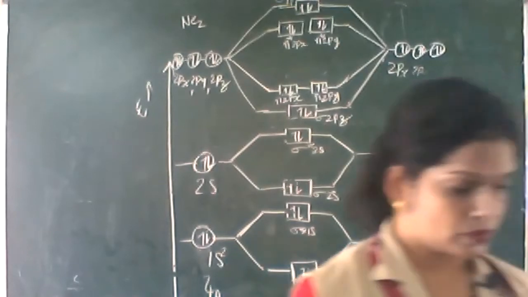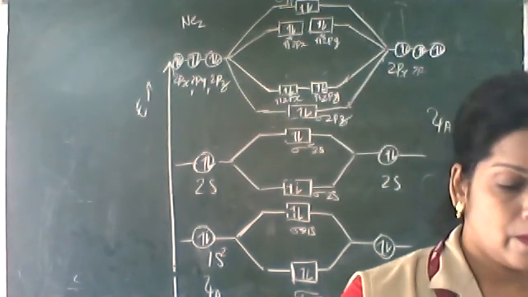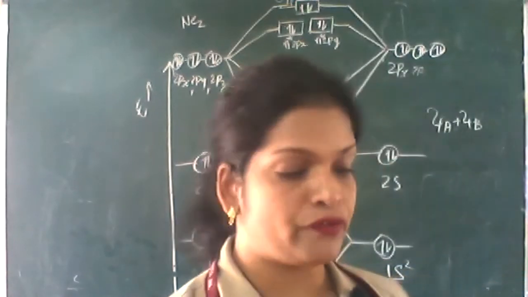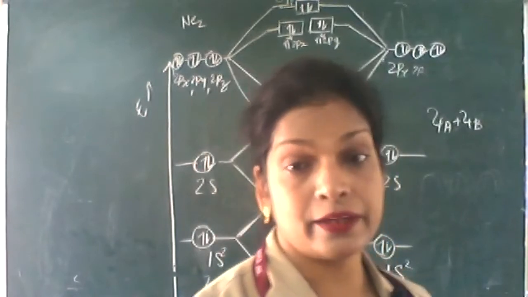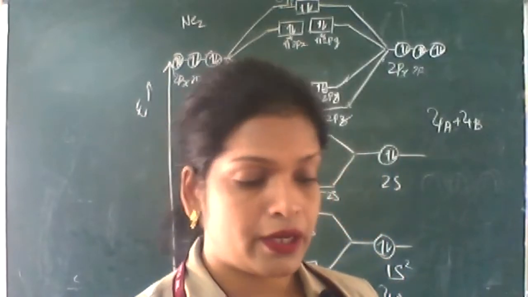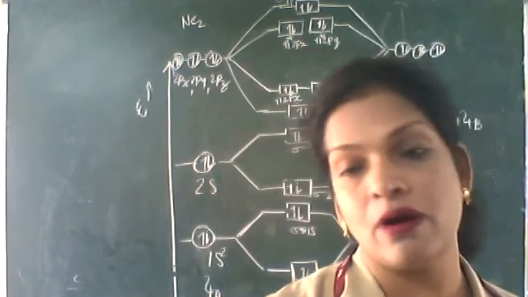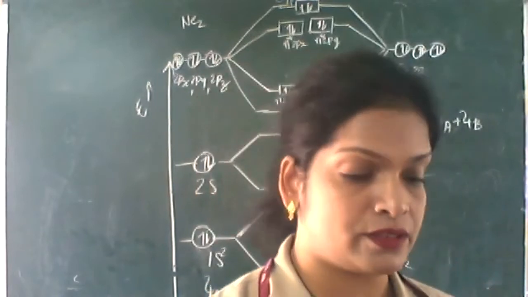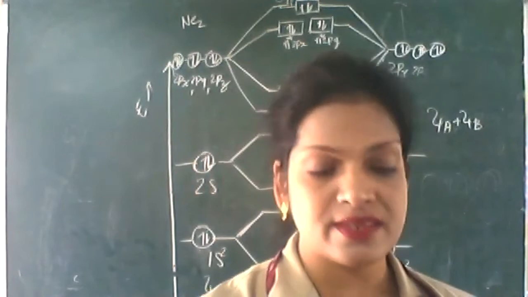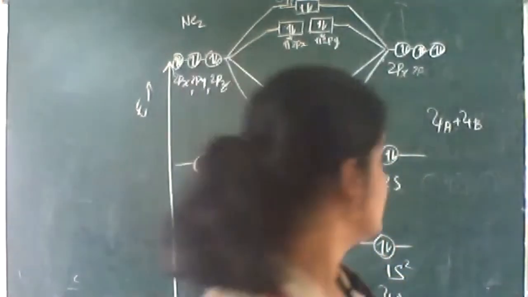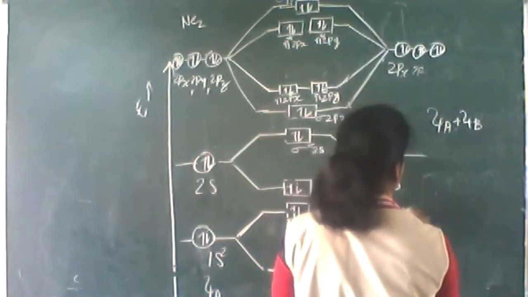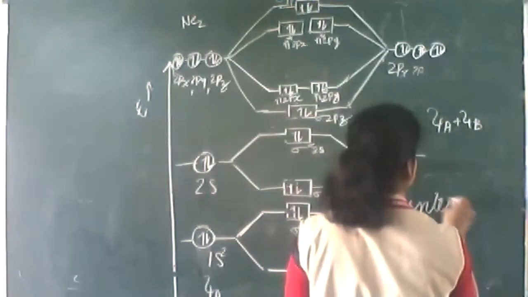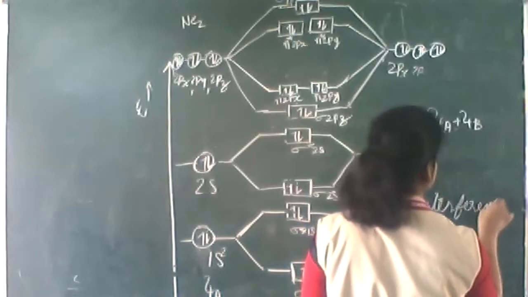In BMO, two electron waves reinforce each other due to constructive interference.